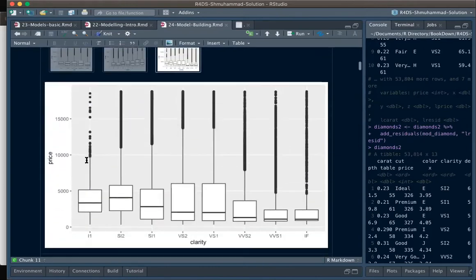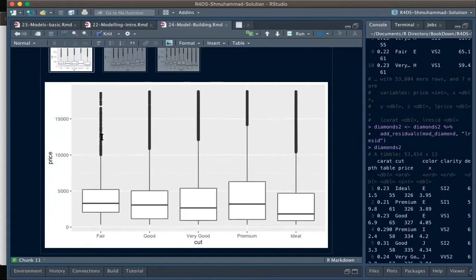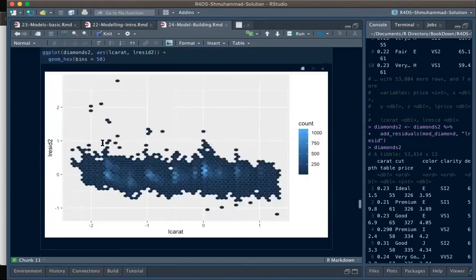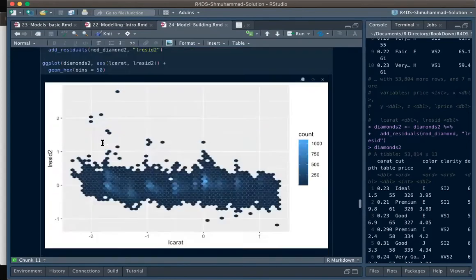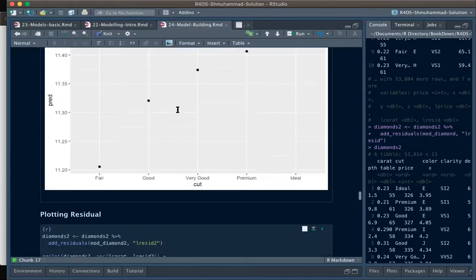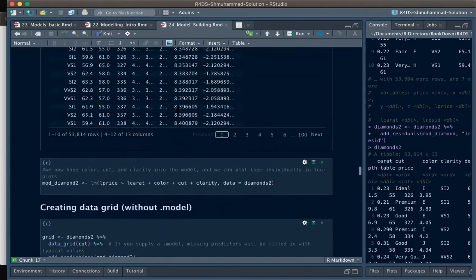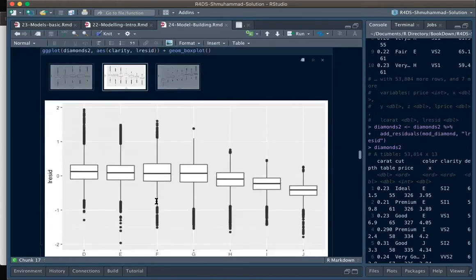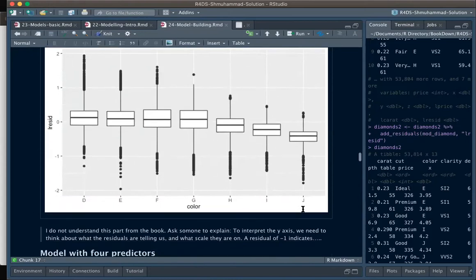This one, can you see it? And also when we look at this one, if I look at this one also, look at the bad one, look at the way it is, and the good one, look at the way it goes here. So this is giving us the true picture.